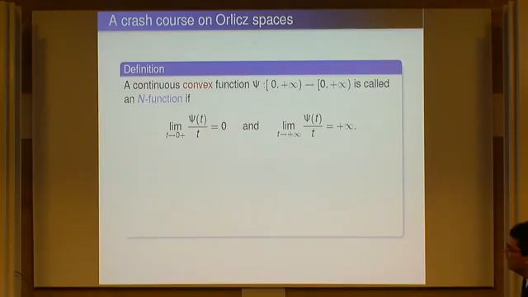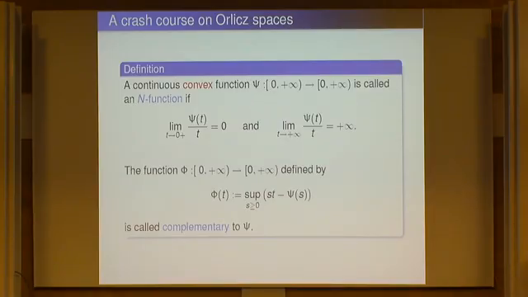Also, those functions, N-functions, come in pairs. You don't need to spend too much time trying to understand what this formula is, and if you've done convex analysis, you know what this thing is. Think of this as the dual functions, like L^p, L^q.